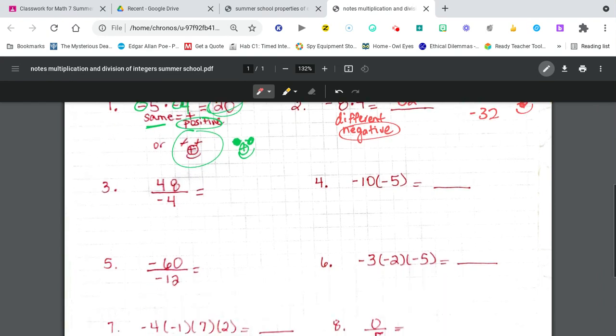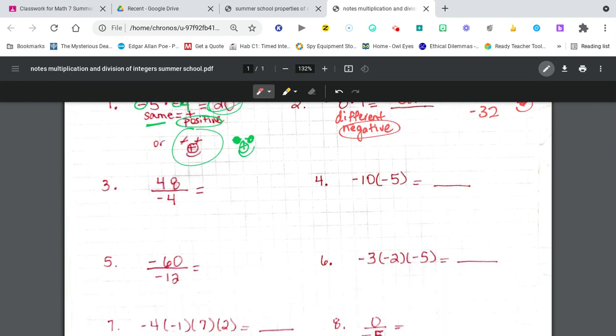I told you all it works the same for division. 48 is positive. 4 is negative. These signs are different, so I end up with a negative answer. Remember, same, positive, different, negative. Well, 48 divided by 4 is 12.